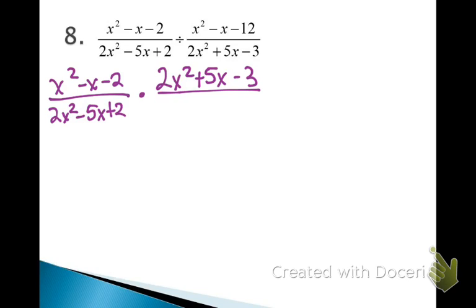So we are going to have to use our bubble method 2 times. You don't have to use it everywhere. So for example, our first numerator, we don't need to use the bubble method. How is our first numerator going to factor? x plus 1, x minus 2.